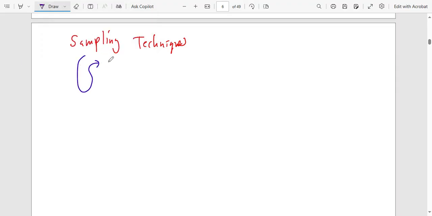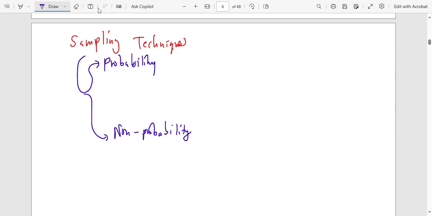We have got number one, what we call probability sampling. And then the second one is known as non-probability sampling. So please, if you have got any question up to this point, feel free to ask, all right?